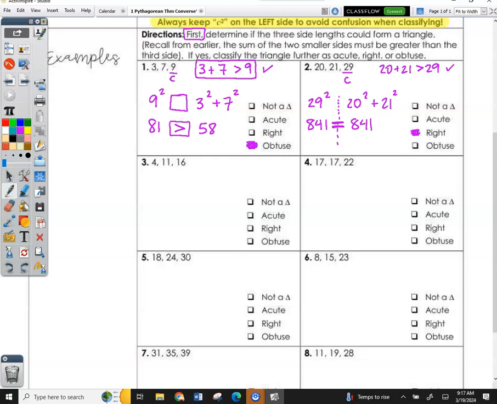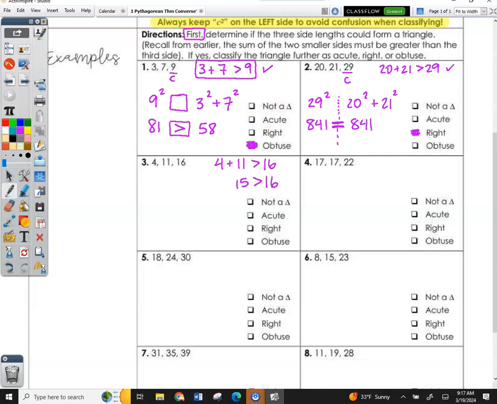Number 3, let's double check. You got 4 plus 11. Is that greater than 16? No, that's a problem. That's actually 15. And if you look at it, if you're struggling how to read an inequality sign, I'm trying to think of different ways to explain it.